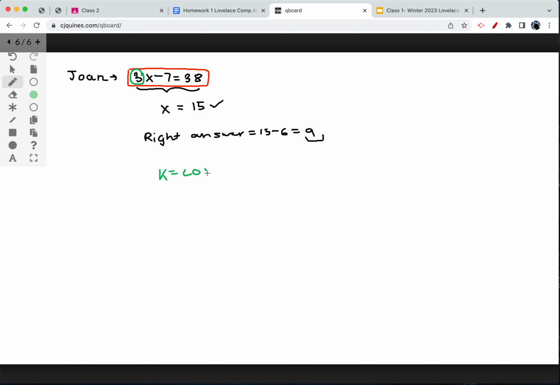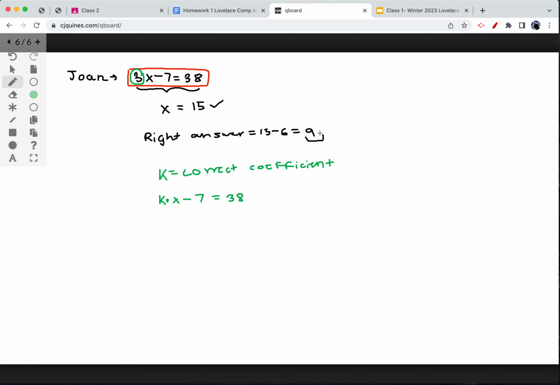Correct coefficient. And we know that everything else that Joanne wrote down was right, except for this 3. So that means Joanne should have written down k times x minus 7 is equal to 38. So this is what Joanne should have written down if she was able to see correctly.